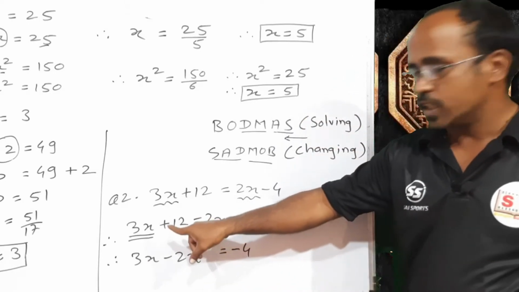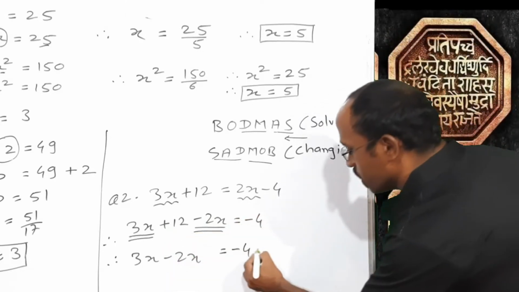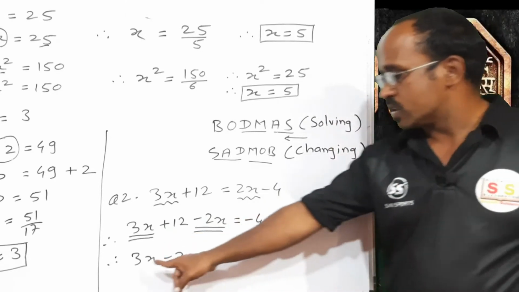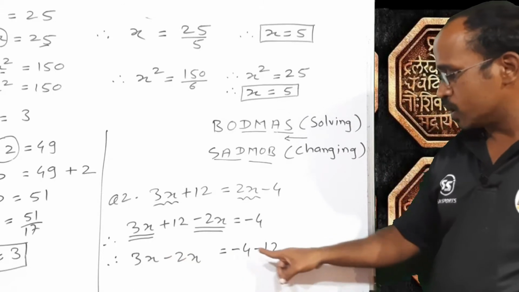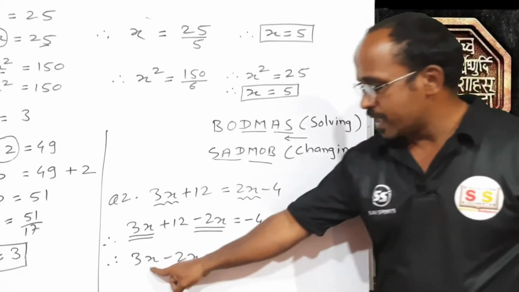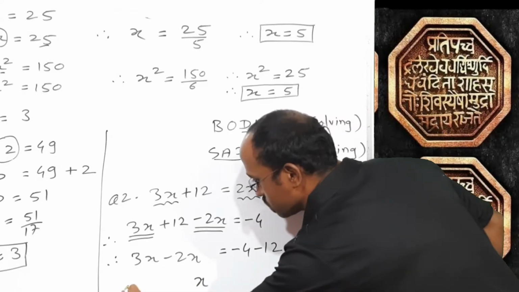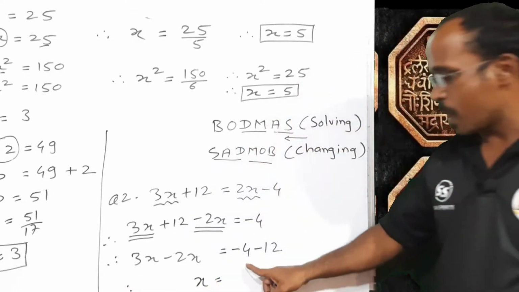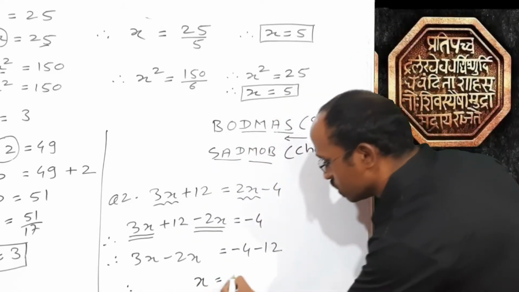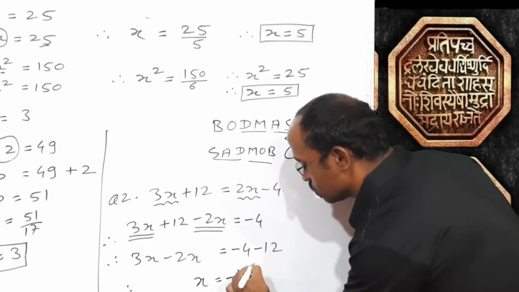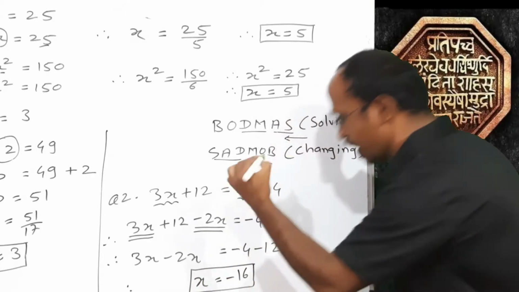After changing side, this plus 12 will become minus 12. So 3x minus 2x is equal to minus 4 minus 12. 3x minus 2x is nothing but 1x. We can write it as x, which is equal to minus 4 minus 12, which is equal to minus 16. So this is our final answer.